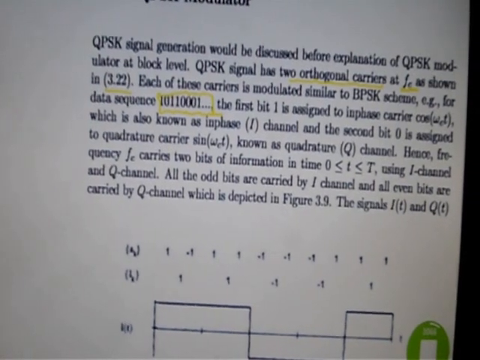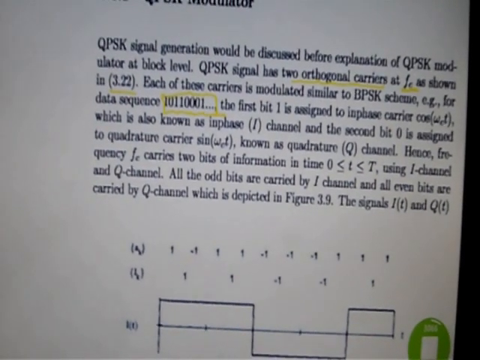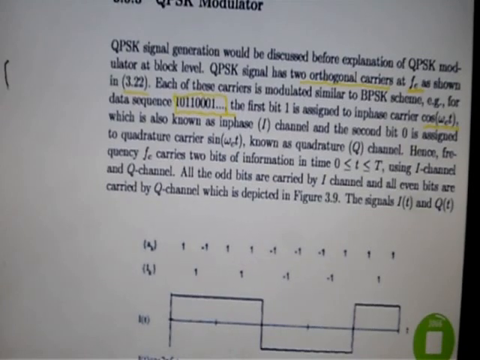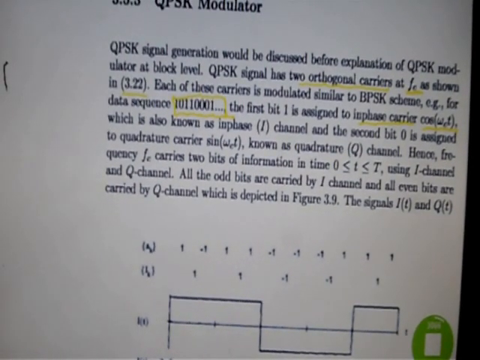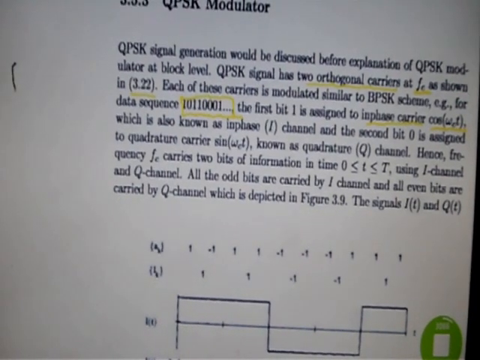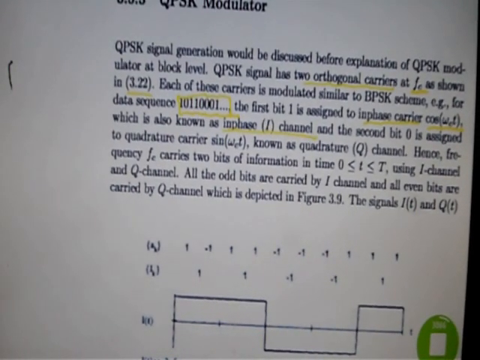So the first bit 1, which is an odd bit, is assigned to the in-phase carrier cos of omega ct, which is also known as I channel or in-phase channel. In general, we would say that the odd bits will be assigned to cos carrier or I channel.